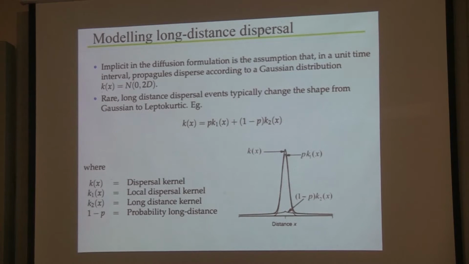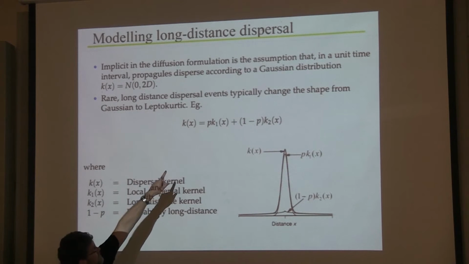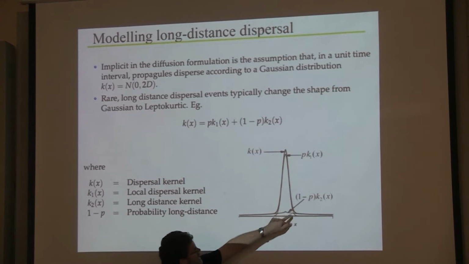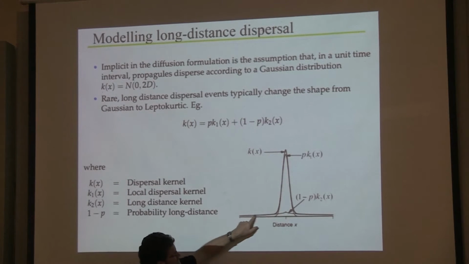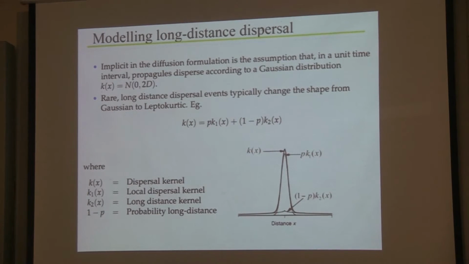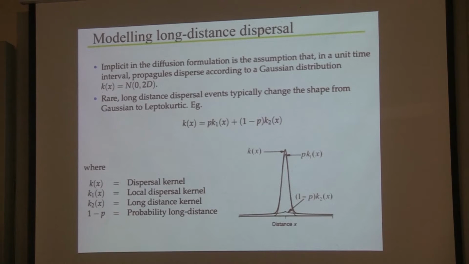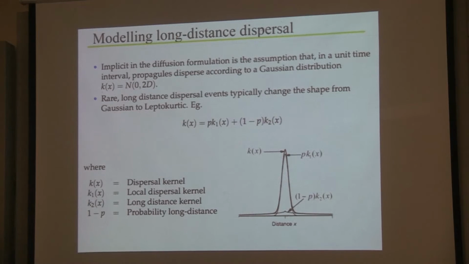The idea here is that maybe 99% of individuals disperse locally, and maybe 1% or so of individuals disperse a long way. These are the cereal leaf beetles that are getting picked up by the wind, or in England, the acorns that are being moved by squirrels, maybe 100 meters.